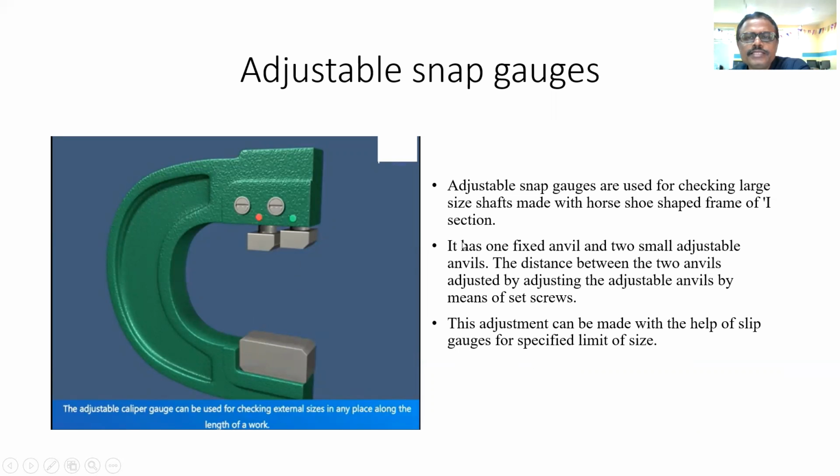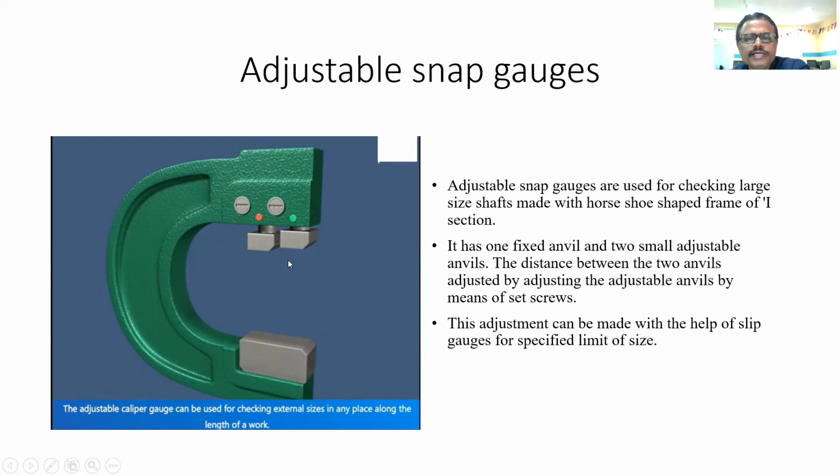Adjustable snap gauges are used for checking large size shafts, made with a horseshoe shaped frame of 1 inch section. It has one fixed anvil and two small adjustable anvils.